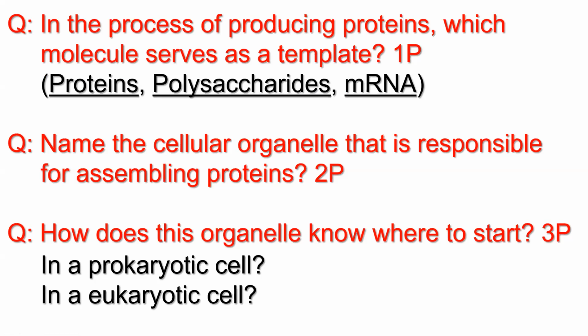If you answer this for me, I will give you 10 points on the spot. 10 points, whoever comes with the answer. Ribosomes will start the process of translation, but there is a difference between prokaryotes and eukaryotes.